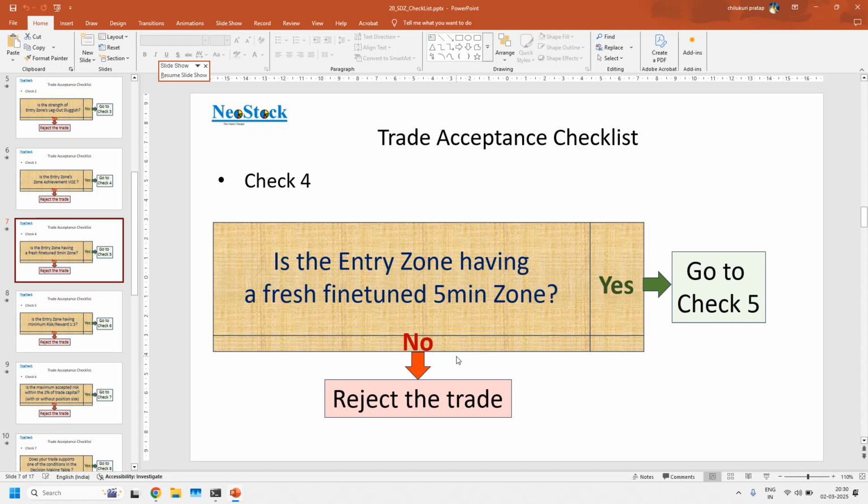Okay, if a 5 minute zone is there, what does it indicate, you may ask? Fine-tuned 5 minutes is an indication that this could be an institutional order flow. Okay, if that is the institutional order flow, do we need to take a trade exactly at 5 minutes?